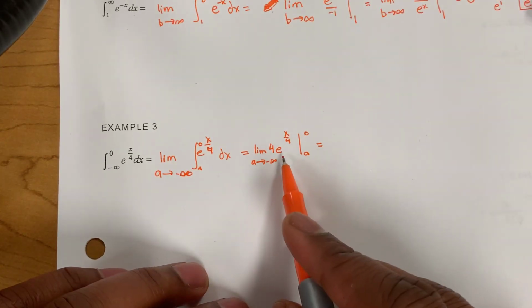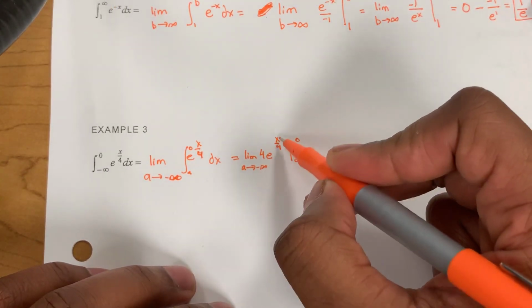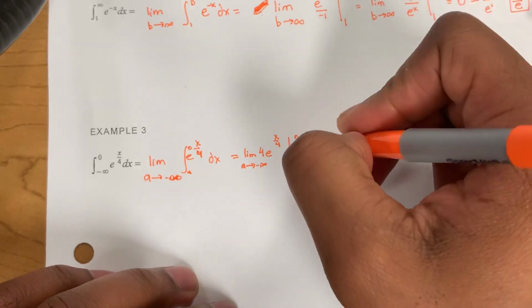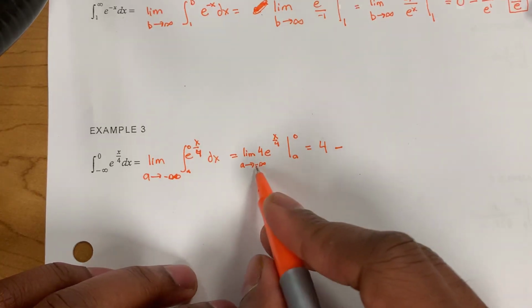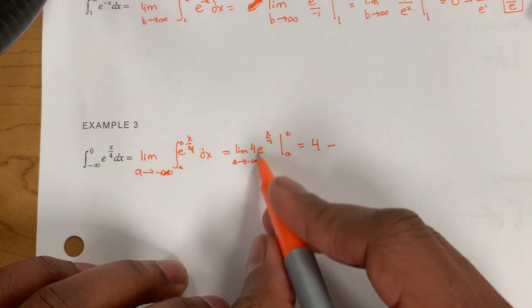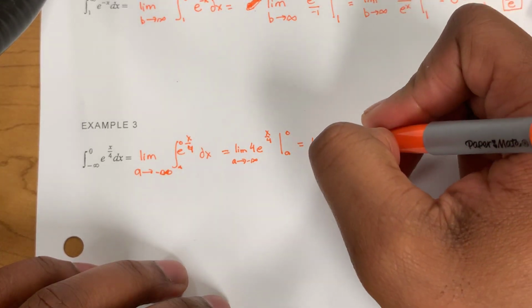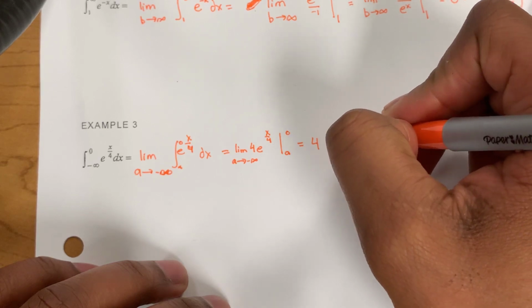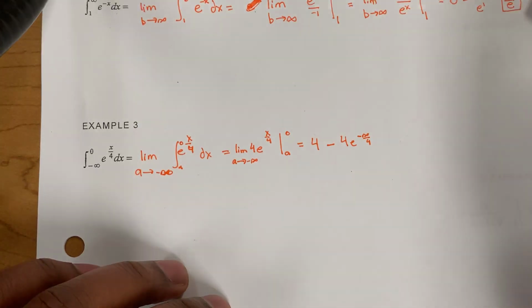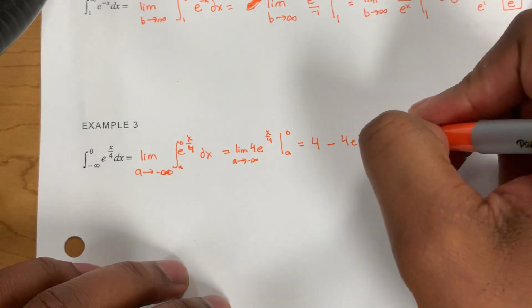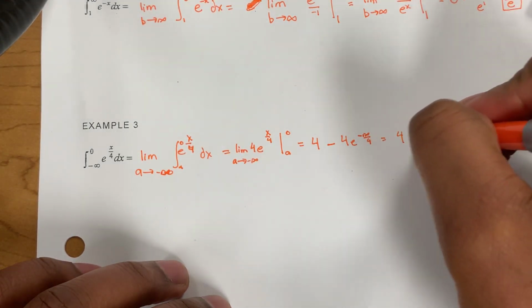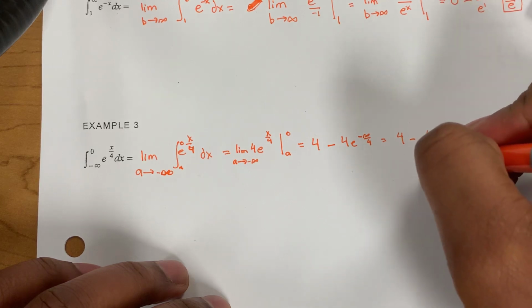So when we substitute in 0, we're going to have 4e to the 0 power, which is just going to be 4. And so then minus, let's just go ahead and assume that we get this -infinity, so minus 4e to the -infinity over 4. Since the exponent is negative, this is going to be equal to 4 minus 4 over e to the infinity over 4.